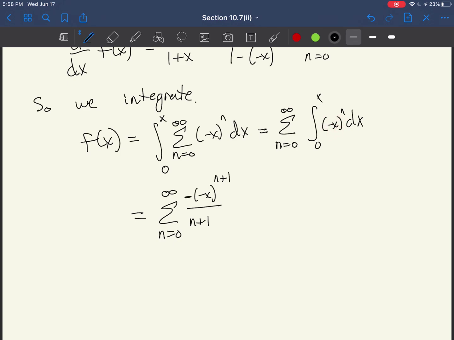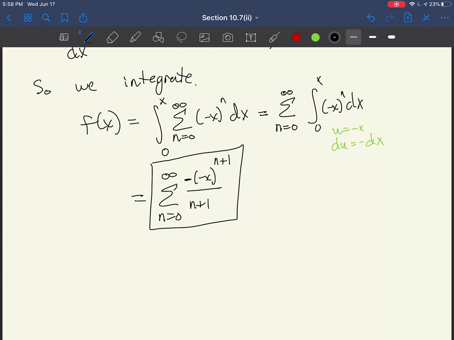And then you had to do a u substitution because we have negative x in there. So we have to multiply by negative 1. In other words, that negative sign is coming from dx is negative du. So that would be our power series representation for the natural log of 1 plus x.